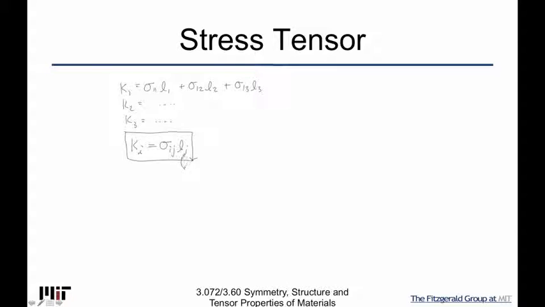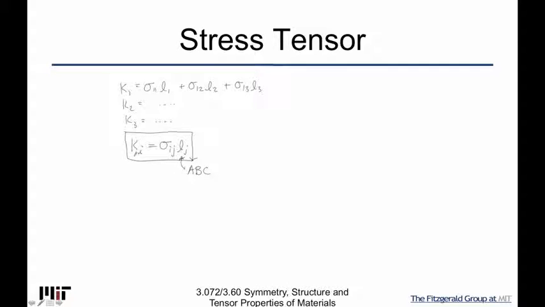So it's actually a very simple expression that just says that I have directional cosines that relate surface ABC to each surface defined by x1 x2, x2 x3, and x1 x3.